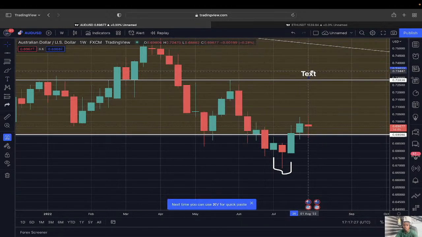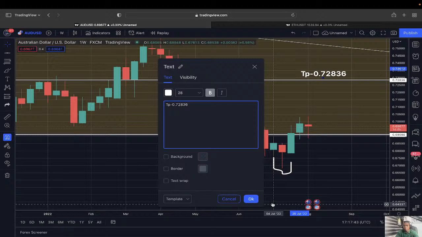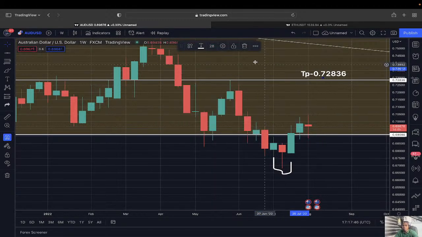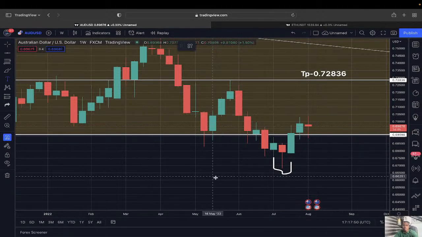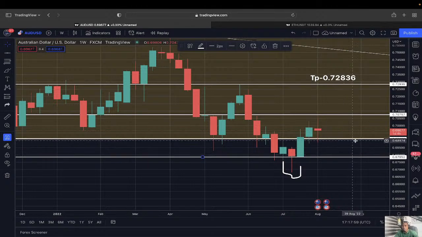So for this, TP can be at 0.72836, and then your stop loss can be below this.